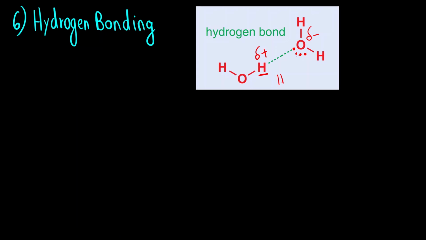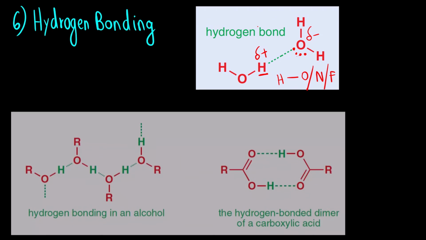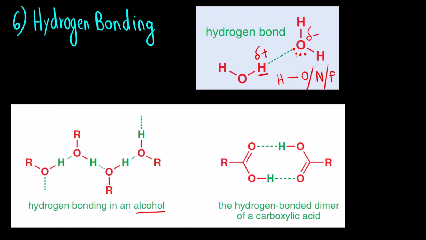Hydrogen can form a hydrogen bond with either oxygen, nitrogen or fluorine, only these three atoms, because these are the most electronegative atoms. What are other examples of hydrogen bonding? Alcohol and carboxylic acid. In carboxylic acid, it forms a dimer, that is two molecules associating. And in alcohol also, the dotted lines represent intermolecular hydrogen bonding.